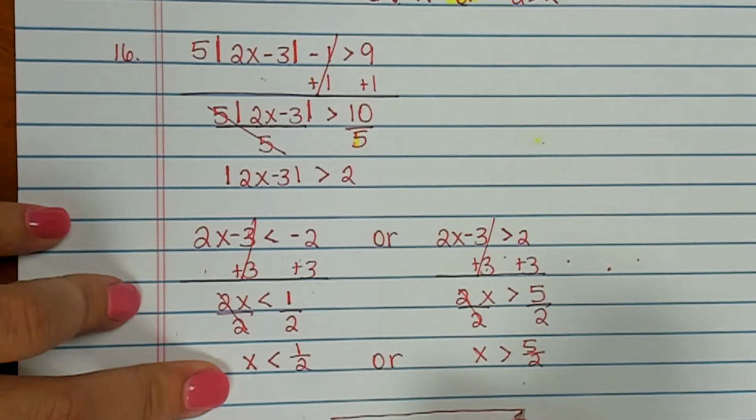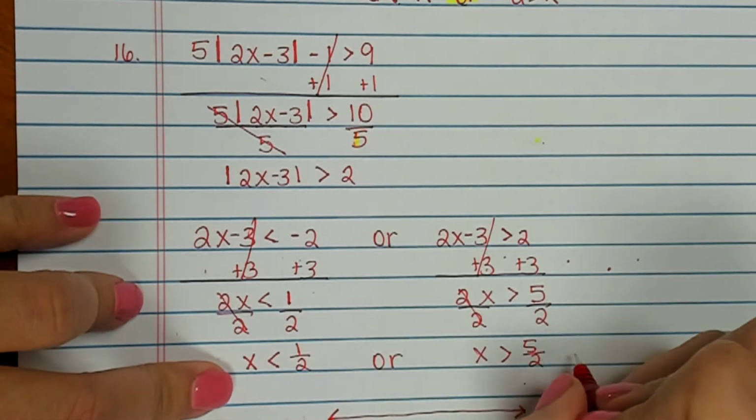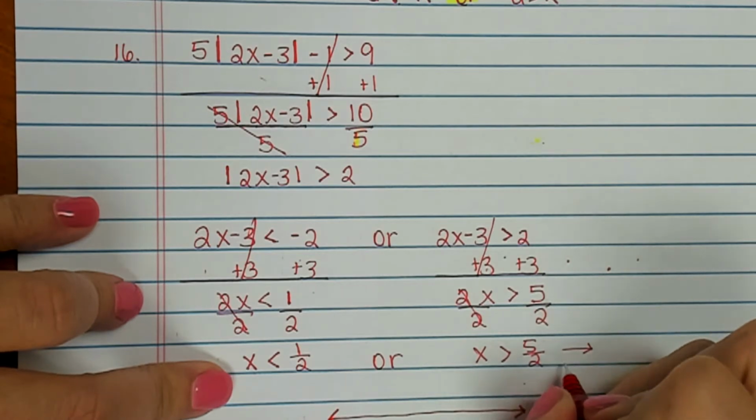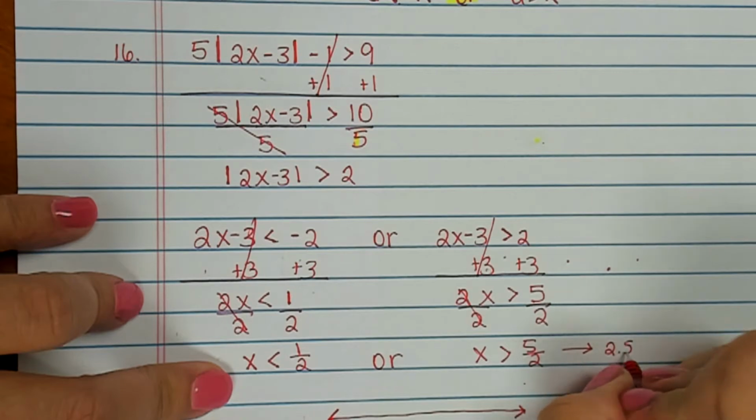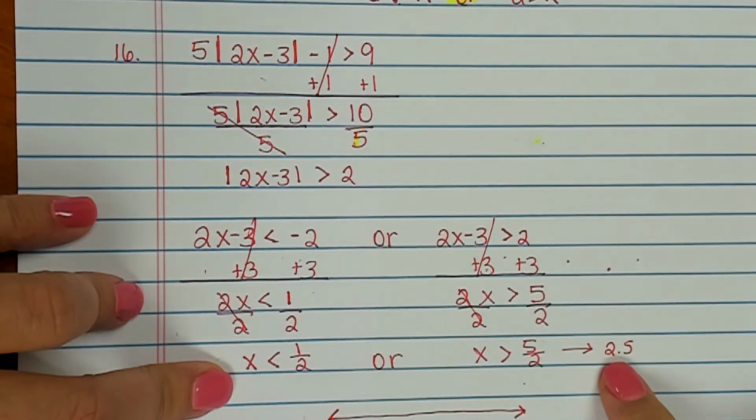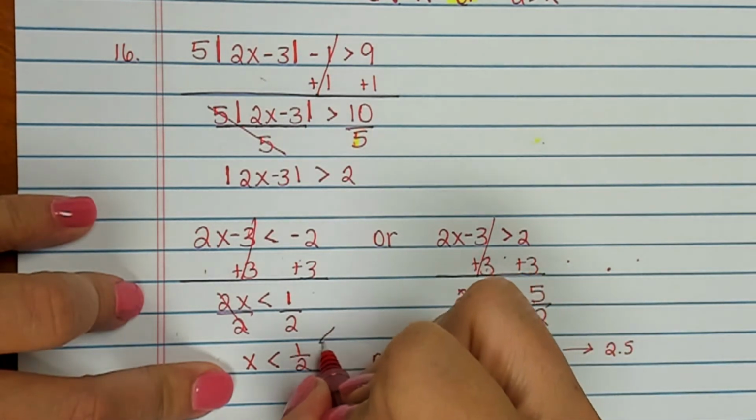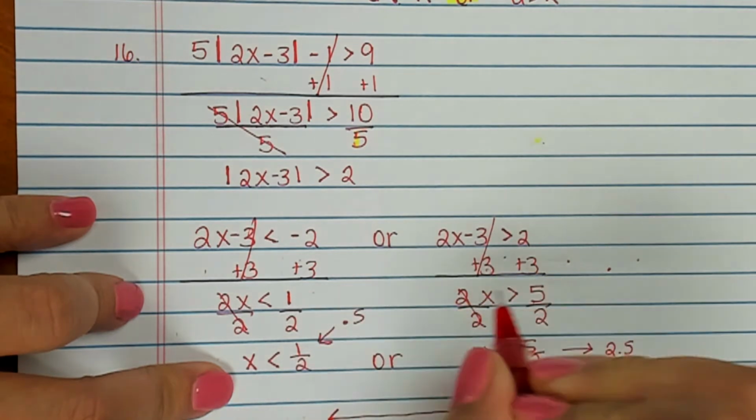So this may make some sense. Sometimes I like to graph these so we can see what's going on with our answer. As a reminder, 5 divided by 2 is the same thing as 2.5. Sometimes it helps to have a decimal. And then that 1/2, of course, is 0.5.